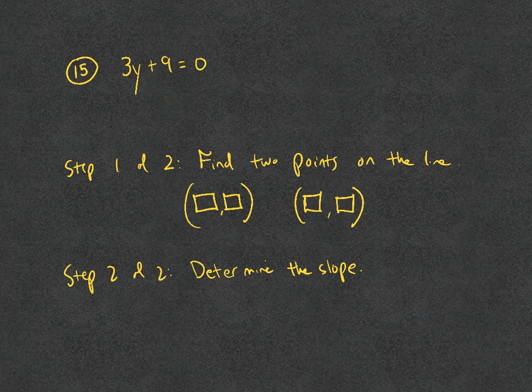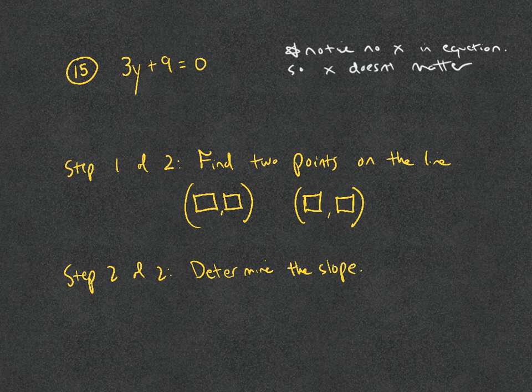Okay, last one. Find 2 points on the line. And you want to notice there's no x in the equation. So x doesn't matter. I'm going to put whatever on the 2 points, x and then y, x and then y. X doesn't matter.